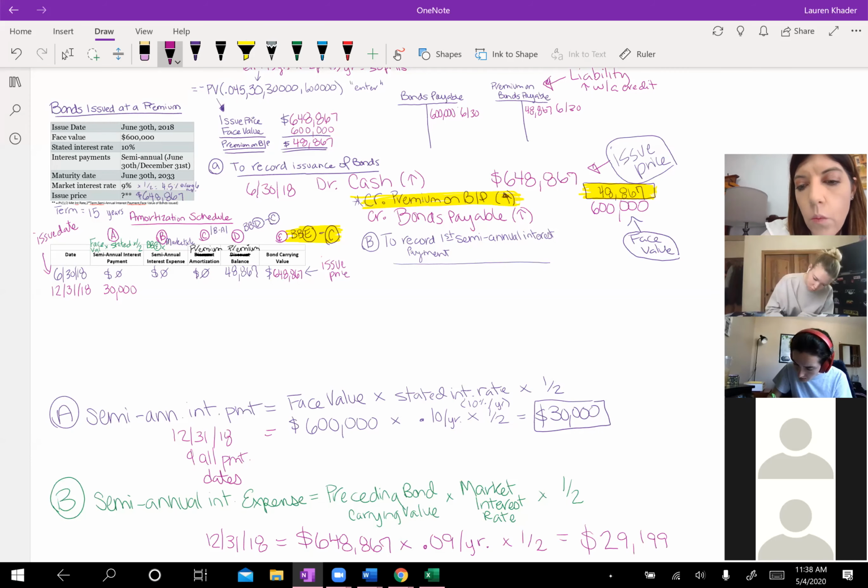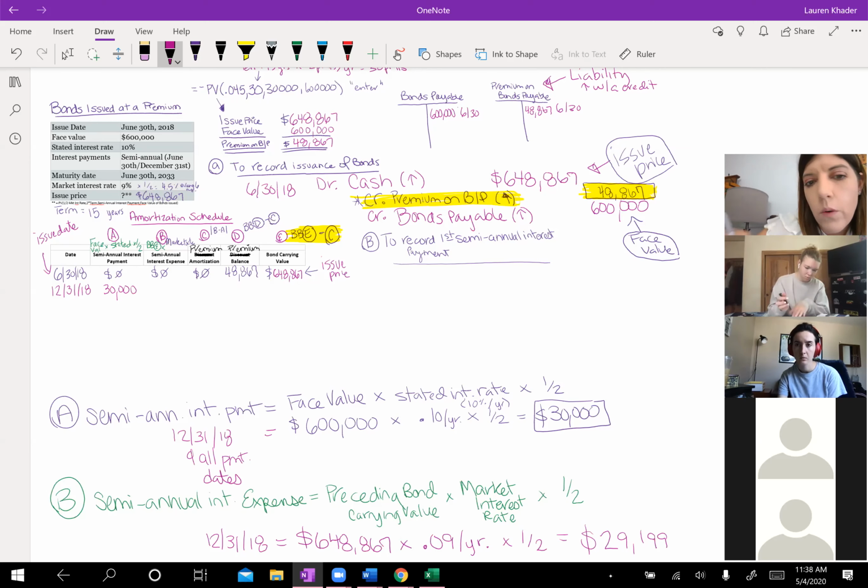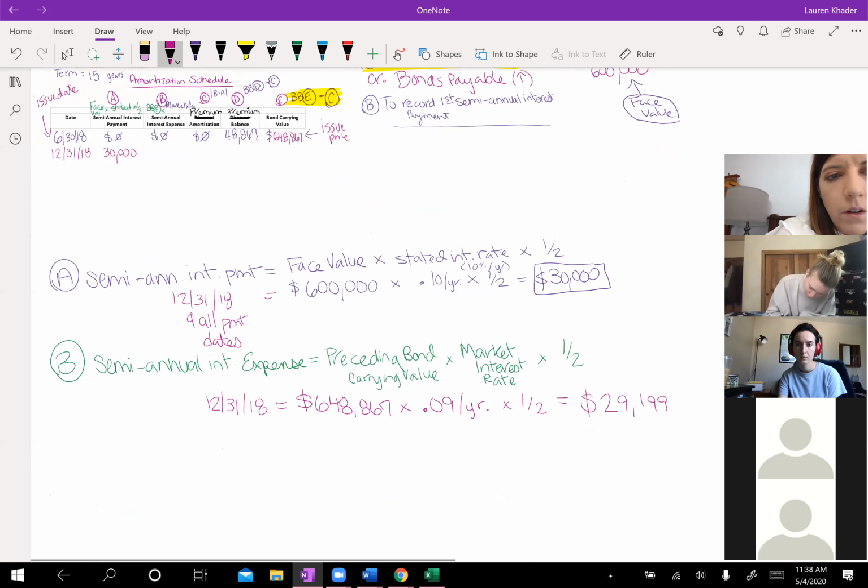$29,199. So we're going to expense less than we're actually going to pay out because there's the premium amortization right there. The amount of the premium that we're reducing the expense by, because we received more cash up front, and we're going to slowly reduce that amount, and it's going to reduce the amount of interest expense that we record in our income statement.